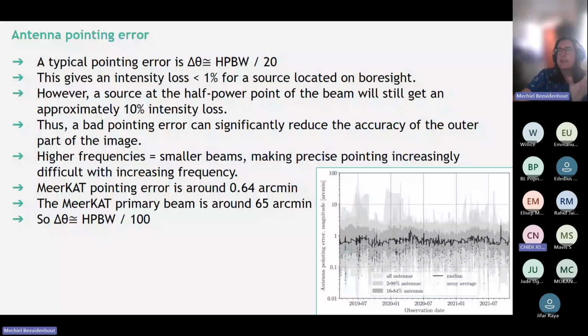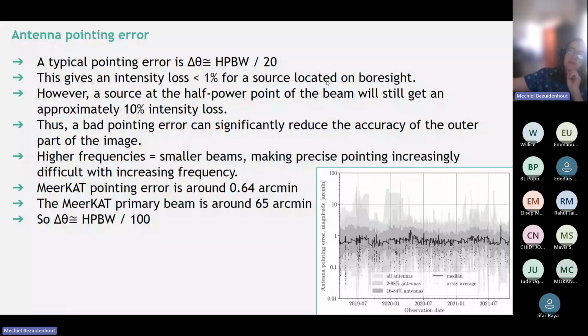A typical pointing error that we aim for is an error of the half power beam width divided by 20. That gives you an intensity loss of less than 1% for a source that's located on the bore site. So if you have a source on the bore site and the pointing is wrong by that factor, you only lose less than 1% intensity.